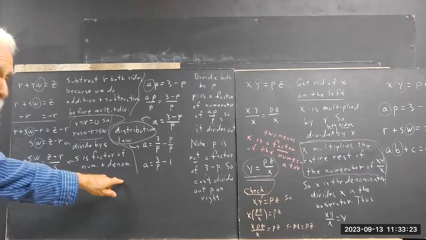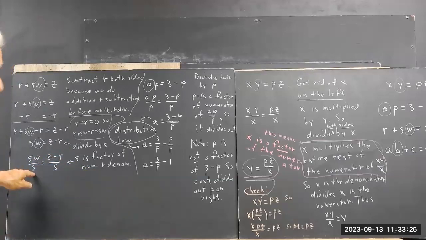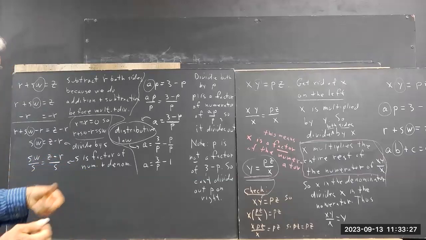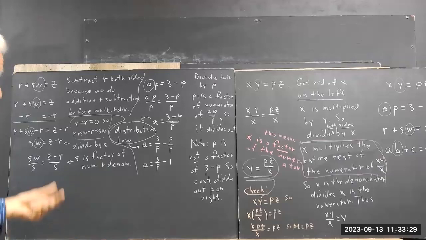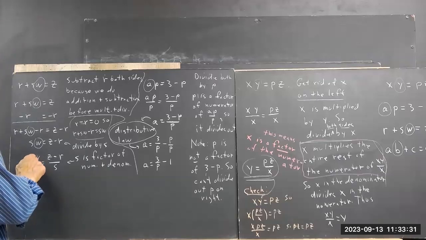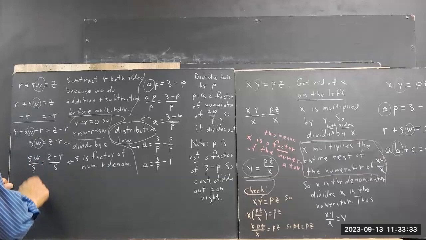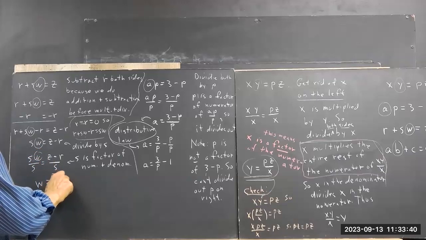S is a factor of the numerator and of the denominator. It is the denominator, so it's certainly multiplied by everything else in the denominator, which is 1. So S divided by S is 1, and we get W equals Z minus R over S.